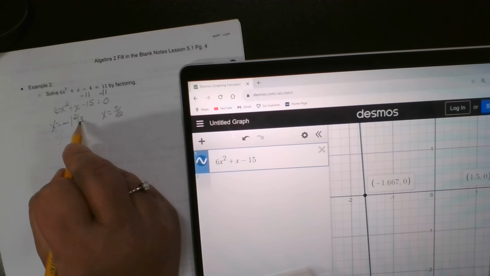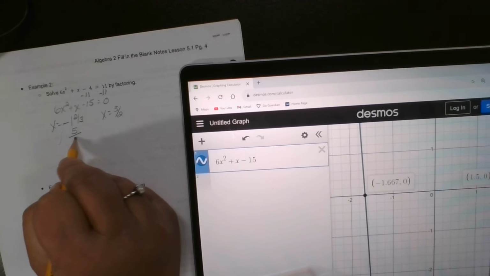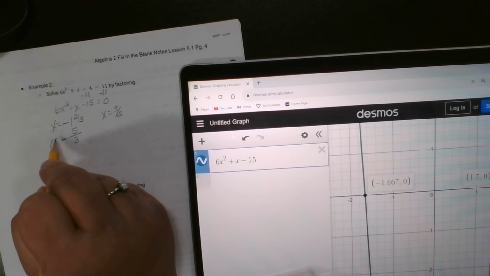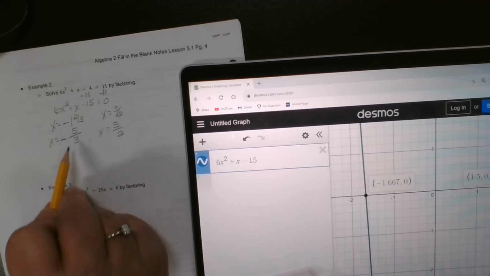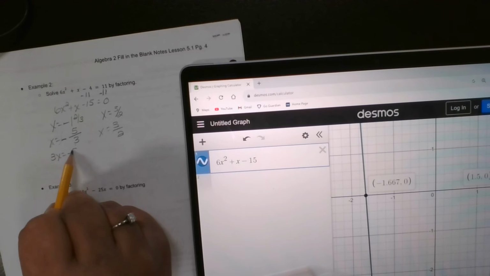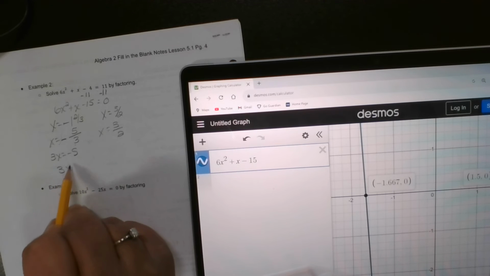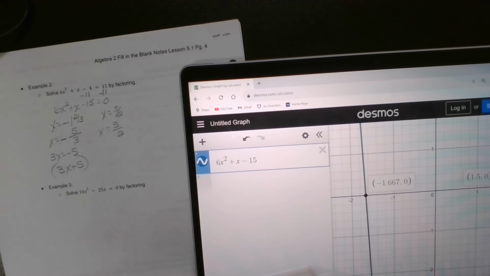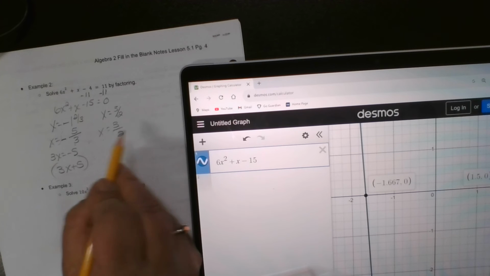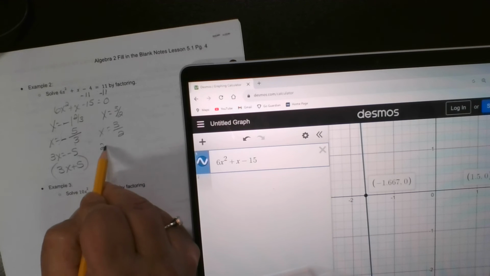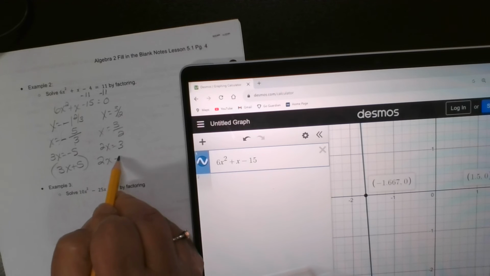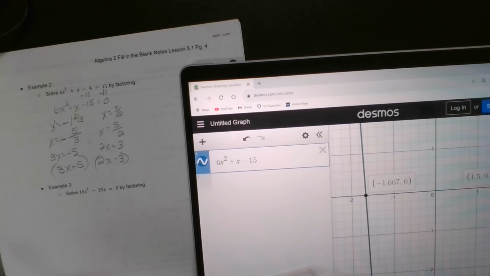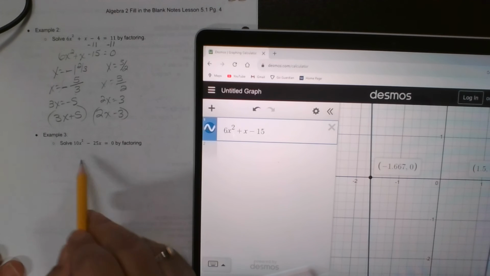This fraction is negative 5/3, and this fraction is x equals 3/2. Multiply by 3 on both sides here, get 3x equals negative 5. Add the 5 over, you wind up with 3x plus 5. That's your first factor. This, 2 times x, 2x equals 3. Subtract 3 from both sides, you wind up with 2x minus 3. That's your second factor.